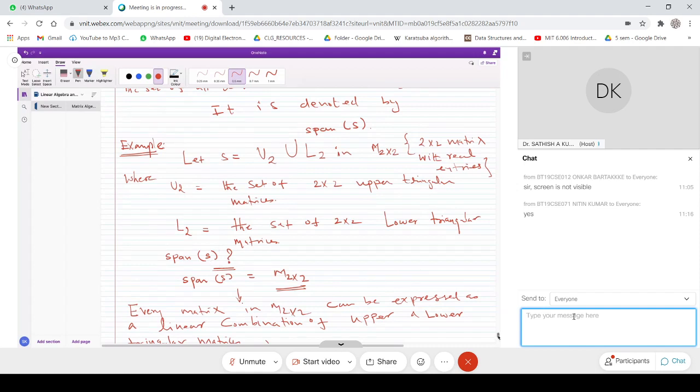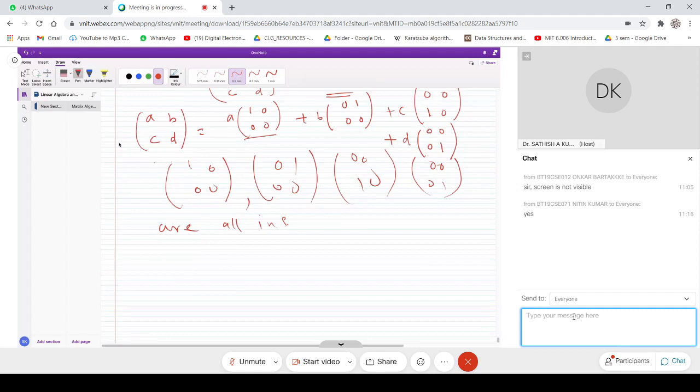Because whatever vector I take, the general vector A, B, C, D, is expressed as a linear combination of the vectors in S, since these are upper and lower triangular matrices, which are all in S. Therefore, any vector in V can be expressed as a linear combination of vectors in S, which implies that S is a spanning set.